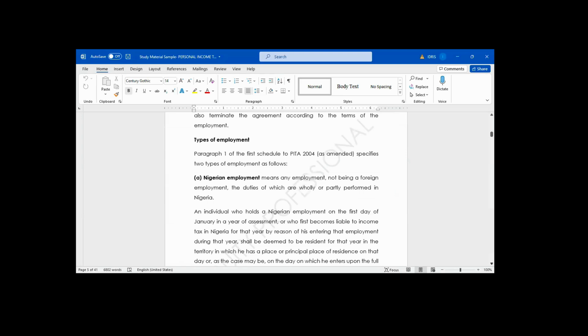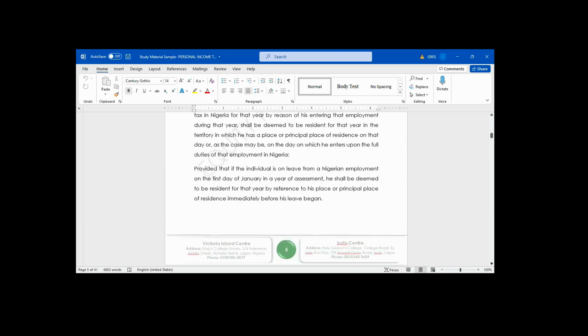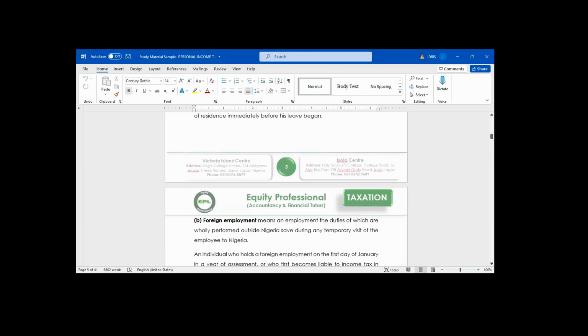You render that service to your employer in Nigeria. You are working in Nigeria. You carry out the service that the employer engaged you for. You carry out everything in Nigeria. That is what Nigeria employment is. But in the case of foreign employment, it means those employments in which the duties are wholly or partially performed outside Nigeria.